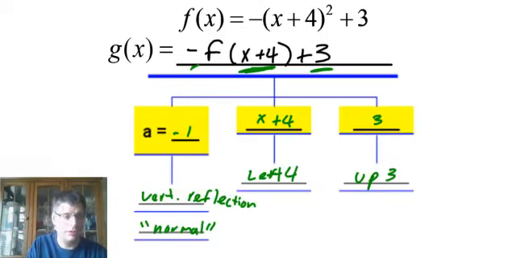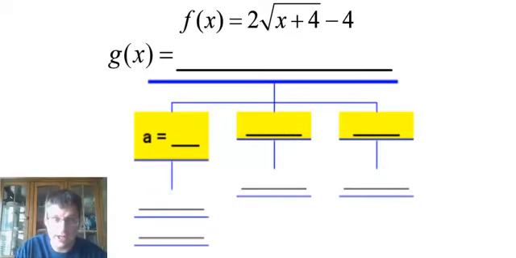So let's take a look at another one. So here we have a square root function. So again, it doesn't really matter what the function is. We're just looking at the transformations, and we're writing it in a simplified way. So for this one, we have f of x equals 2 square root of the quantity x plus 4, minus 4.